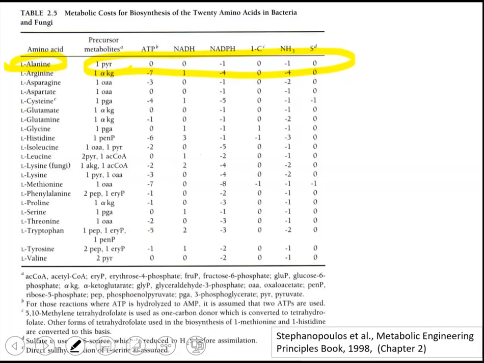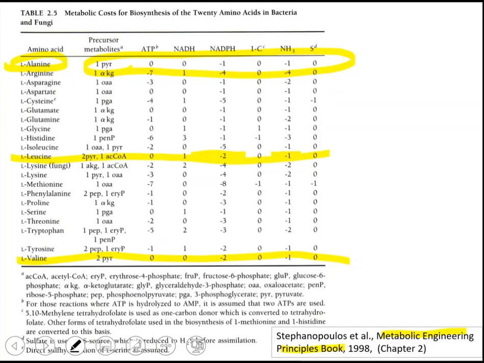Or for leucine, you need 2 pyruvate, 1 acetyl coenzyme A, 2 NADPH, and 1 NH3. Or for valine amino acid, you need 2 pyruvate, 2 NADPH and 1 NH3. Again, a table from the Metabolic Engineering Principles book.